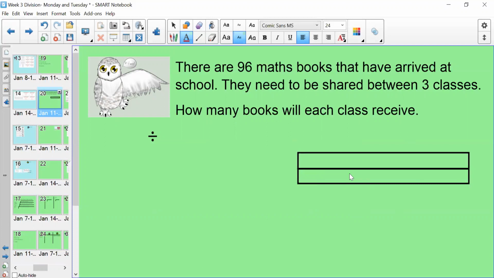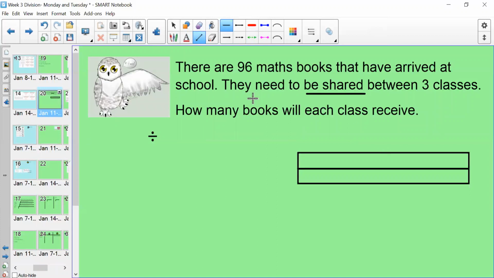Okay, so working through this question, I would have realized that it was division because I've got the word shared. And I know that if I did my bar model, they needed to be shared between 3 classes. So I'd draw my 3 classes. I also know that I've got the whole number already.